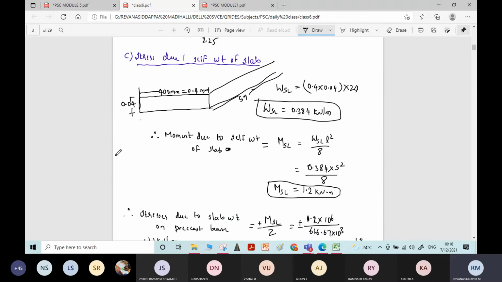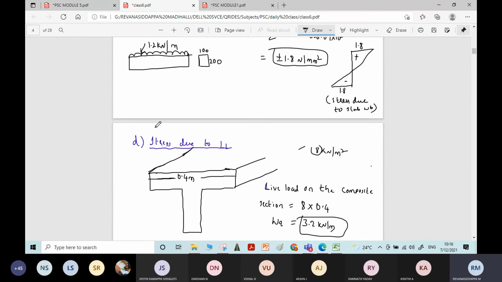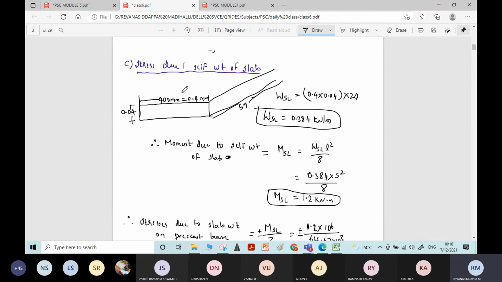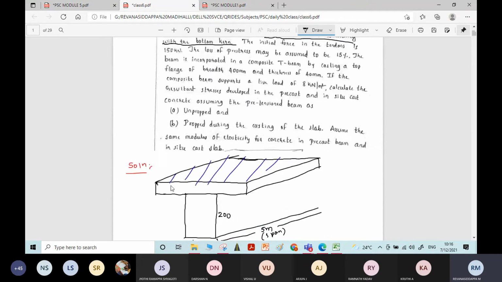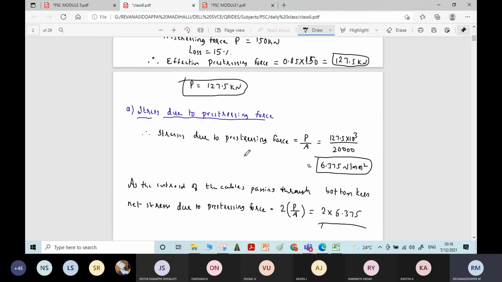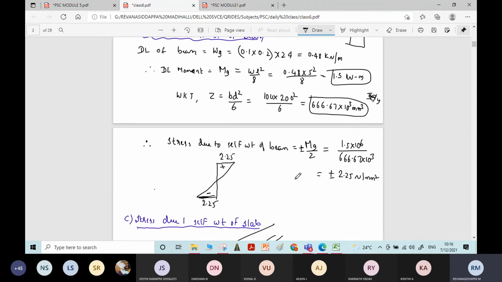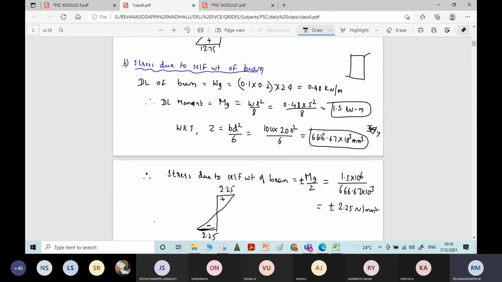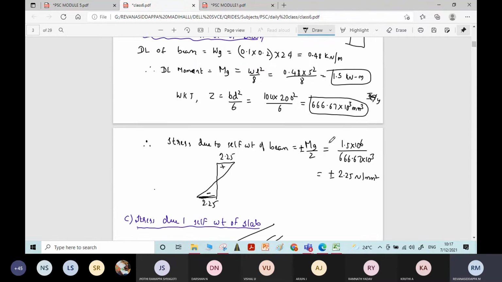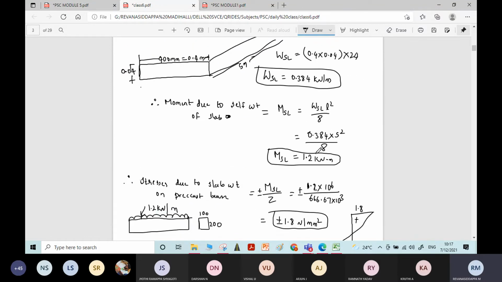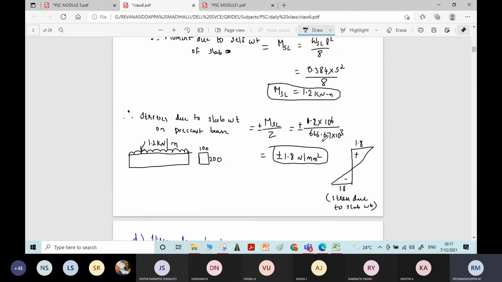While finding stresses due to self-weight of the slab, that self-weight of the slab will act only over this beam cross section. That is why section modulus with respect to beam cross section was taken in the second case as well. 666.67 was taken in both the cases.